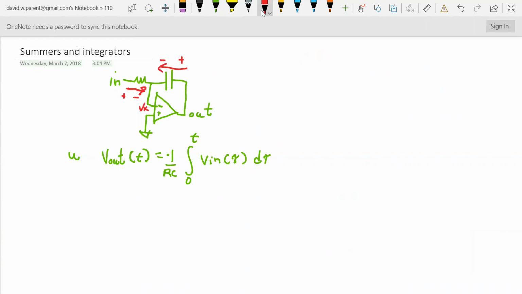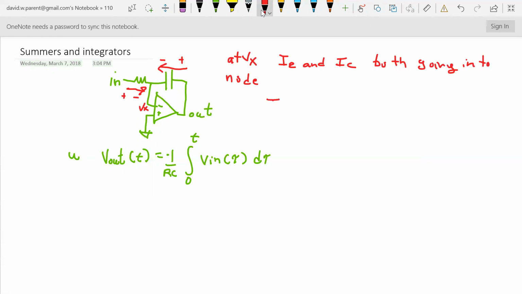Now, let's just write our nodal equation at Vx. So we have IR and IC, but both are going into the node.